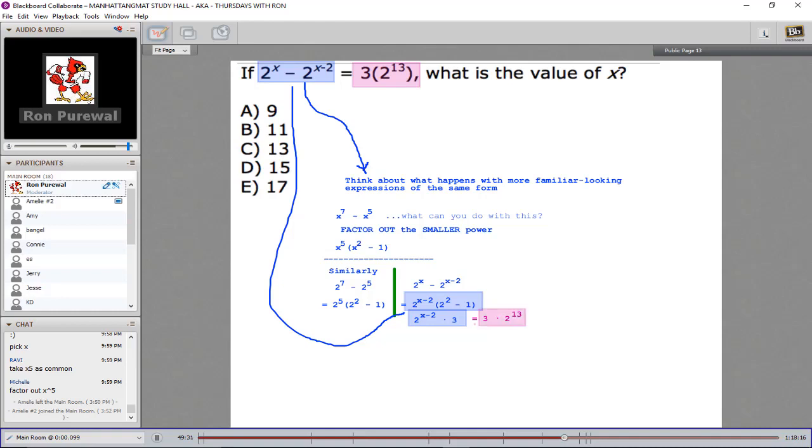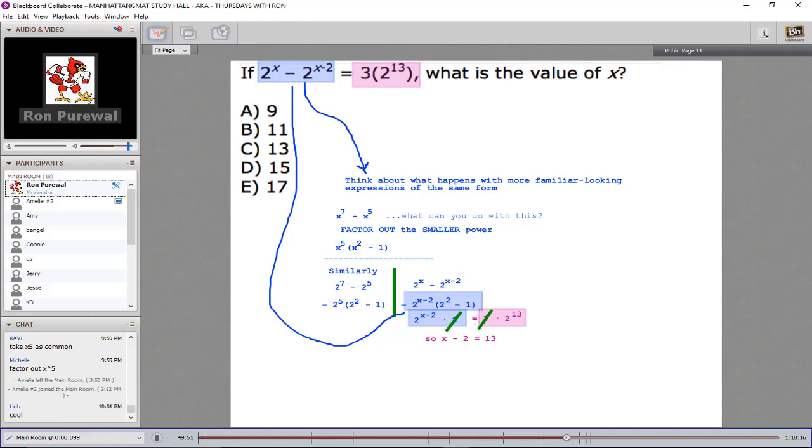So the 3's are gone, and you end up just realizing that x minus 2 is 13. There you go. Any questions about this?